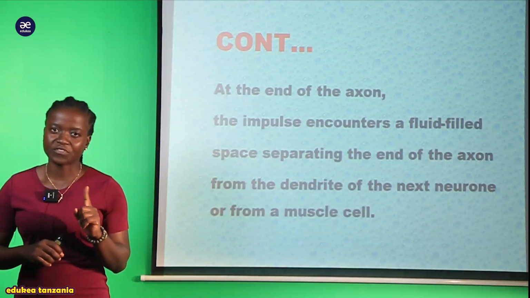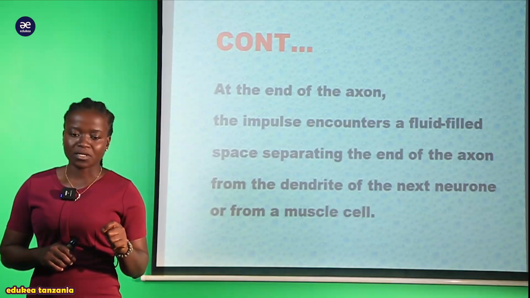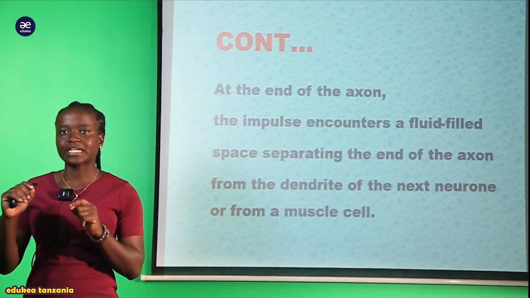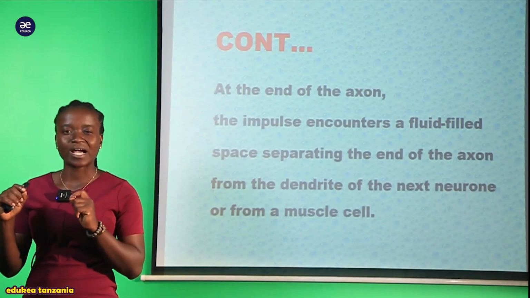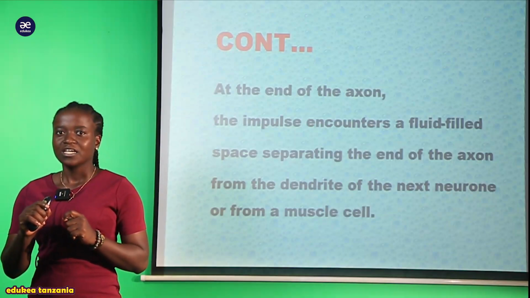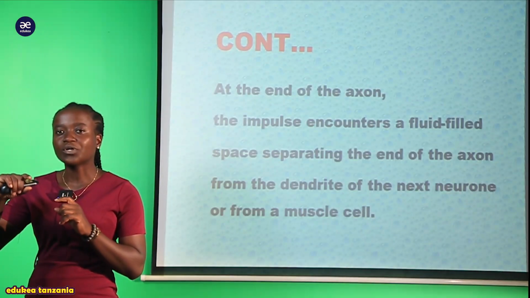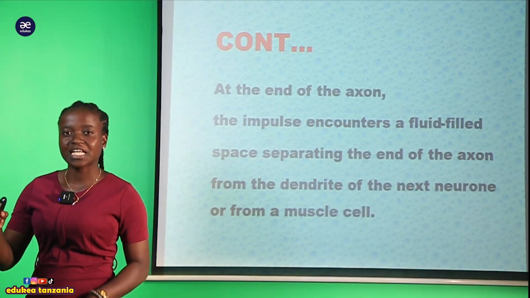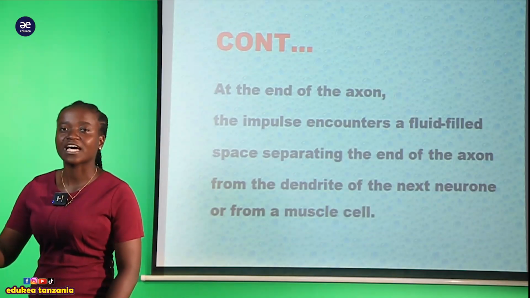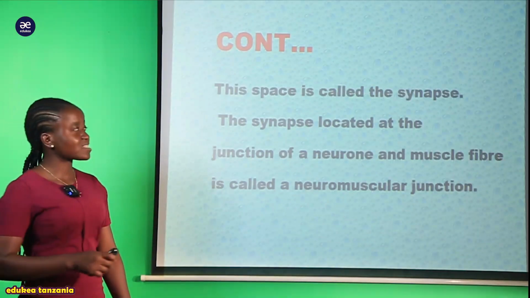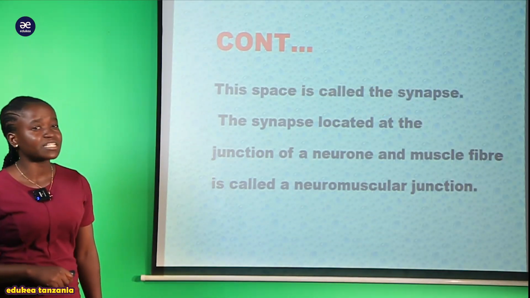So here you have to know that at the end of axon, kwa maana kwamba zile neuron zinavyokuwa zina connect au zinavyokuwa zimejiunganisha, inatoka kwenye axon. Baada ya axon ina connect au inajiunganisha na structure nyingine ambayo inaitwa dendrite of other neuron. So here we can say that the space is called the synapse.